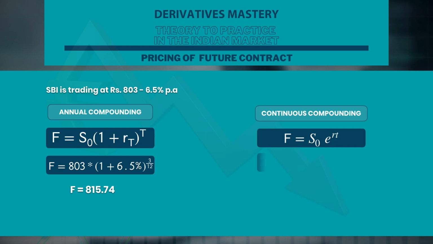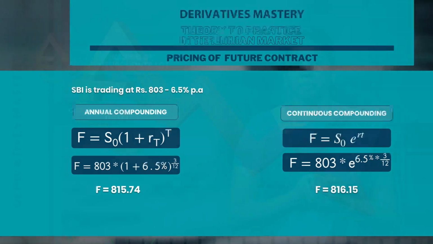Here we use the formula future price is equal to spot into e to the power risk-free rate of interest into time to expiry. So spot price here is 803 into e to the power 6.5% into 3 by 12 will give us a future price of 816.15. So the fair future price of SBI with continuous compounding method is rupees 816.15.